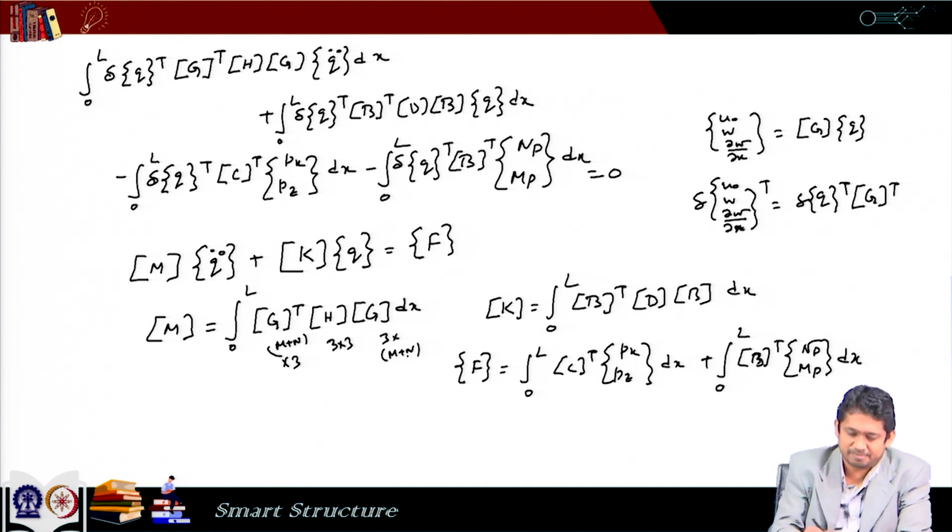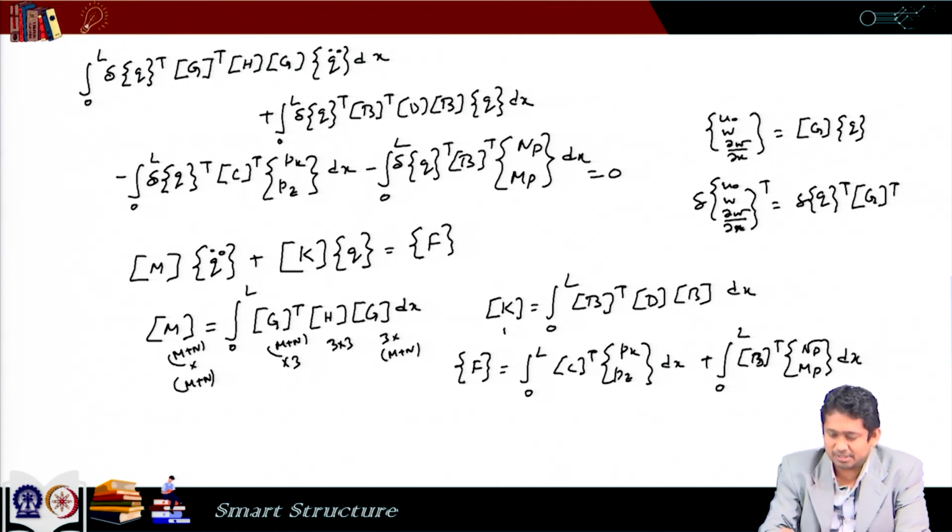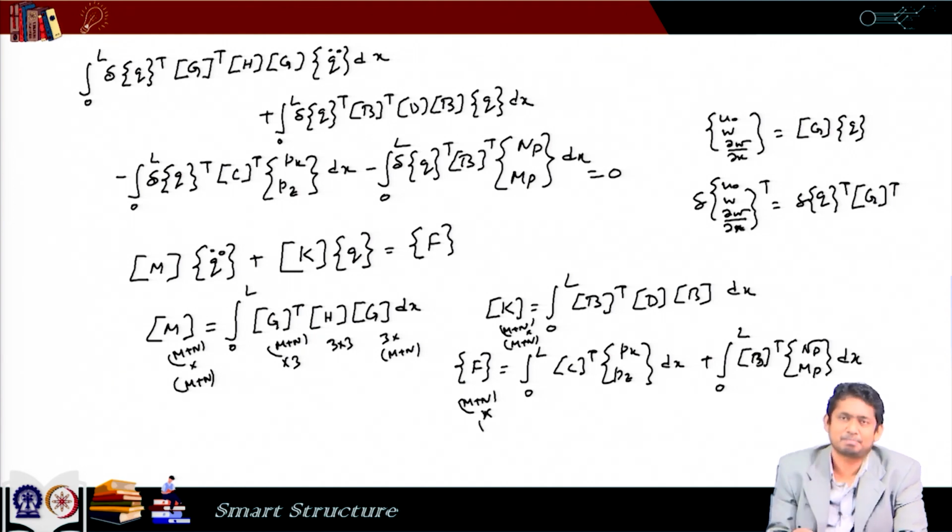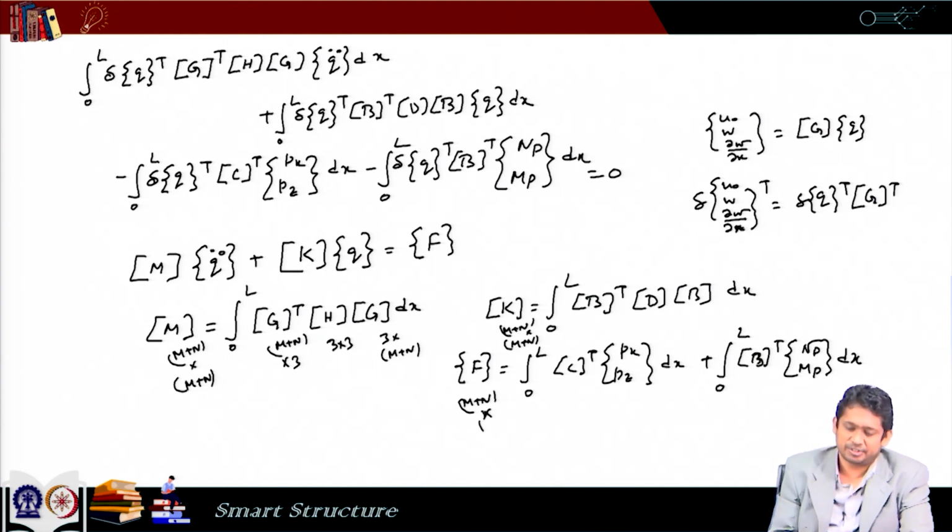So, if we multiply this, it becomes m plus n by m plus n, and this is also m plus n by m plus n, and this is m plus n by 1. So, again we have a system of coupled ordinary differential equations, solving which we can get our solution.